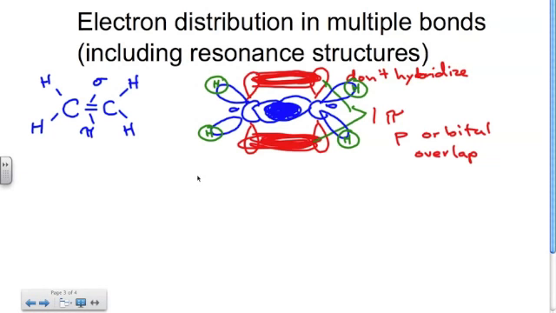Remember that carbon had s and p orbitals here? So 1, 2. Now, these three are hybrids in order to form this sigma bond. And this sigma bond and this sigma bond, we'll just focus on this carbon.